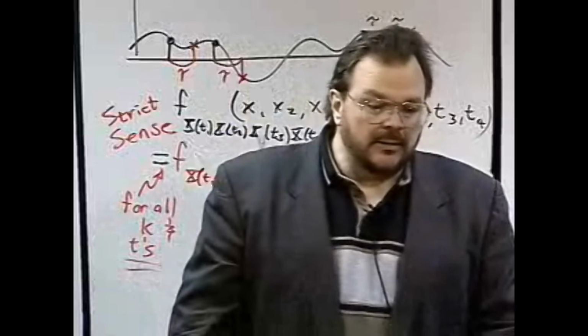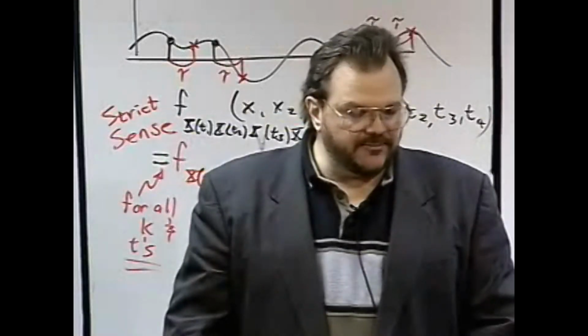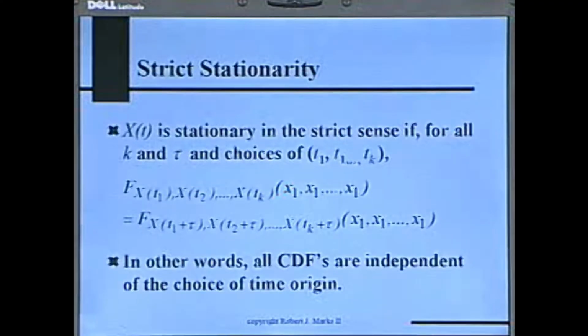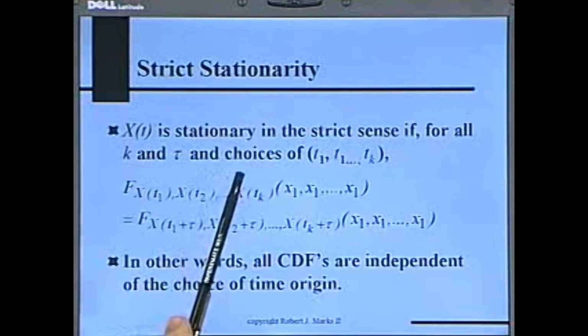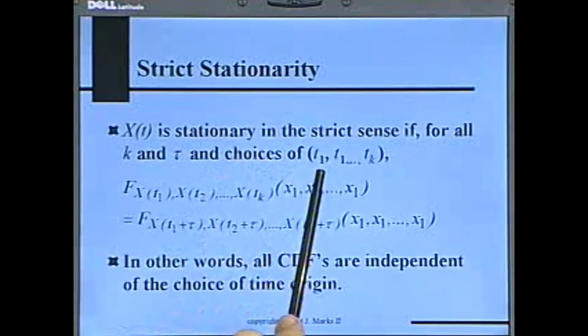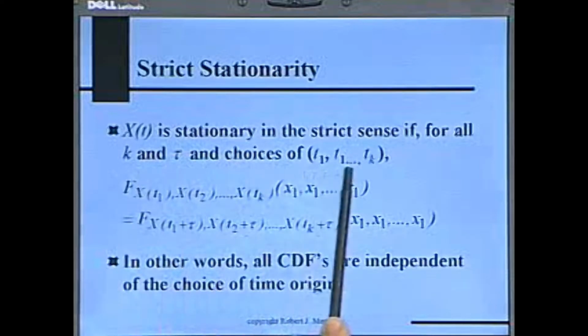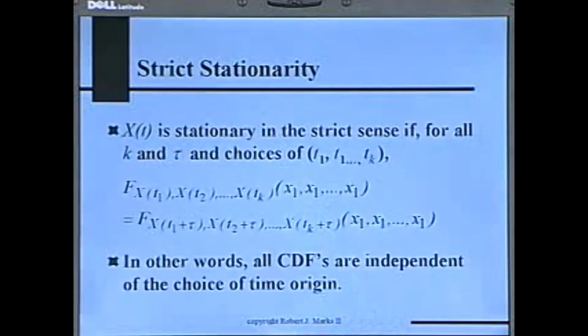Okay? So this is the definition of strict stationarity. X of t is stationary in the strict sense if for all k and tau, you choose k points, and the density function for those k points is exactly the same as for those k points shifted. In other words, all of the cumulative distribution functions are independent of the choice of the time origin.